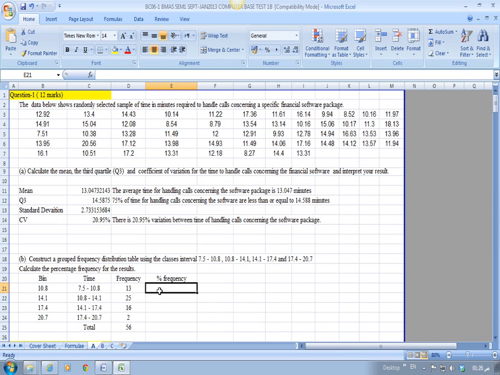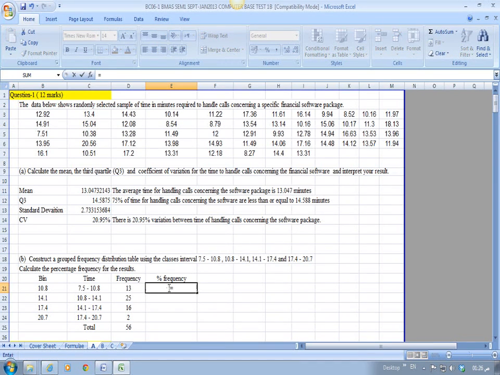In order to calculate the percent frequency, we divide the frequency, which is 13 by 56, and then 25 by 56, 16 by 56, 2 by 56. So it means that we divide each frequency by the total, and the total is not changing, it is fixed.